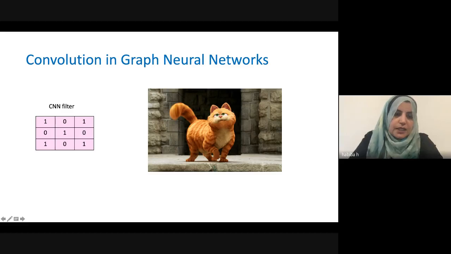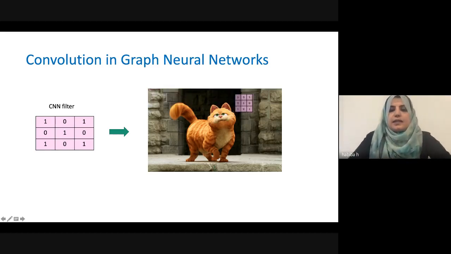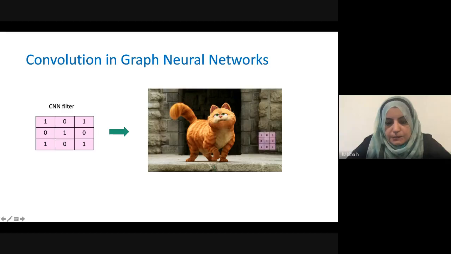So from there, the idea of a CNN filter came about. Instead of predicting what's on each individual pixel, we would look at patches of pixels and aggregate the information. The idea is that the neighborhood of a pixel is already telling you something about the pixel. Usually one pixel is not going to be very different from the other pixel.